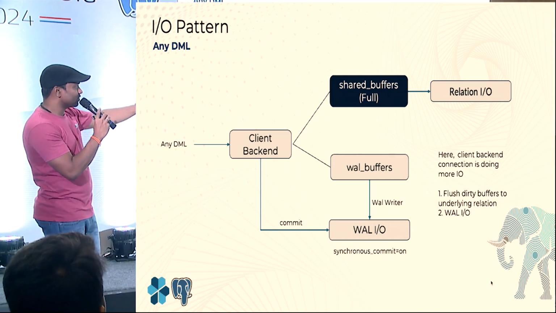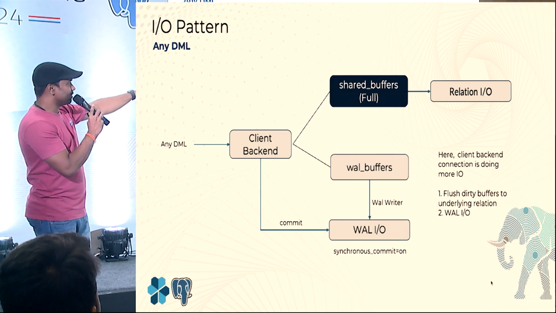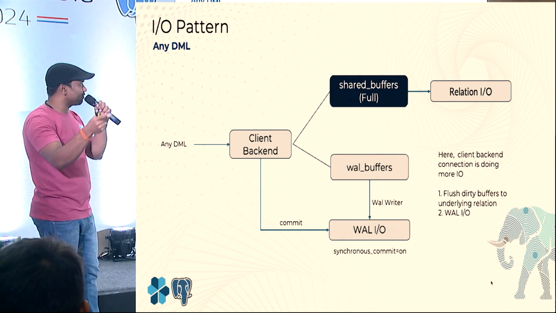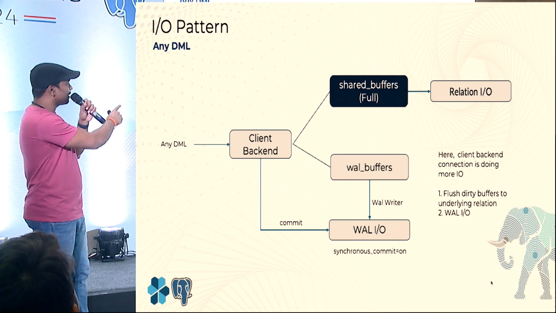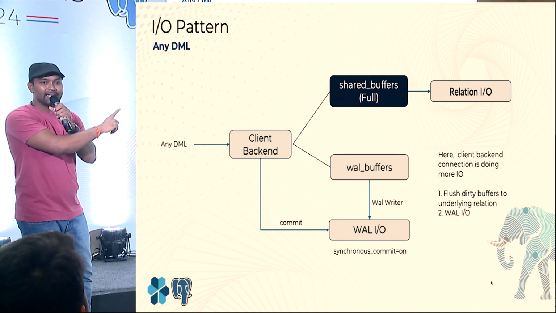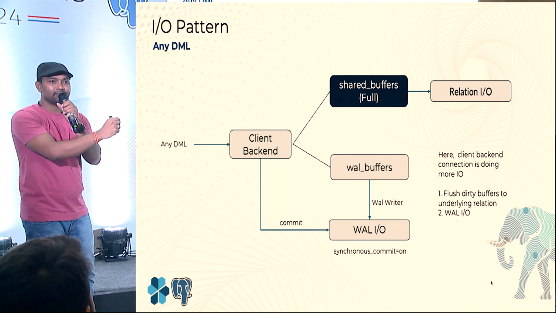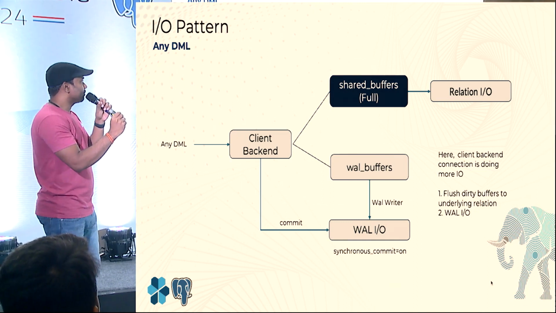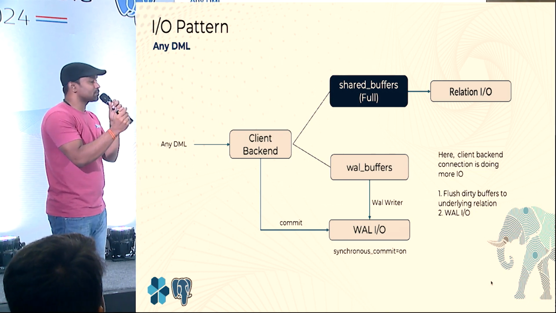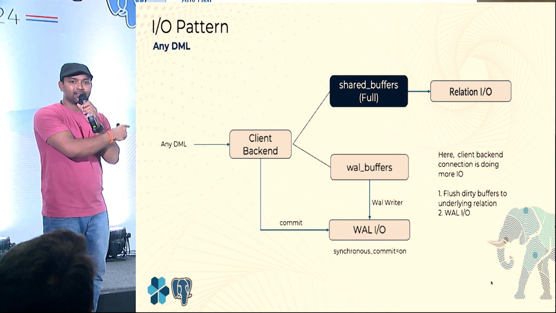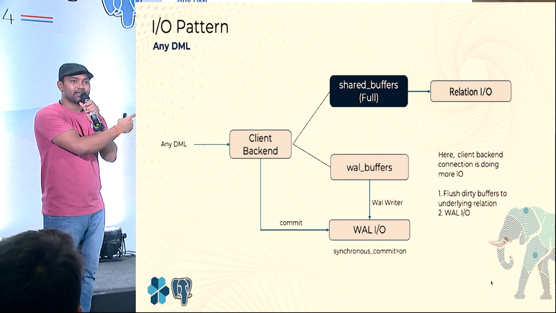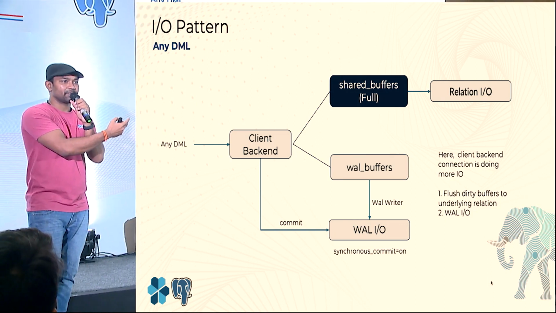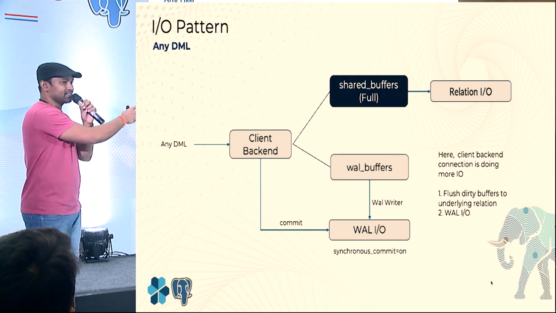The relation I/O stands for whatever buffer the client backend is flushing, so that relation I/O is caused by the client. In this case, we get very low throughput or a slow response from the client, because it has to do an additional job. It has to clear some of the shared buffers or dirty buffers to fill the incoming request.